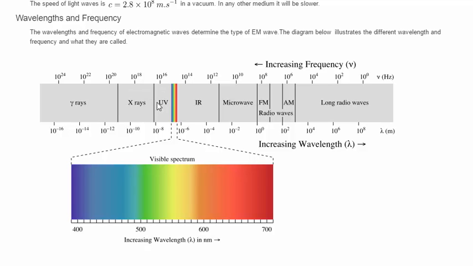But if we go in the other direction, you'll see this is very high energy, high frequency light waves. For example, UV rays are the rays from the sun that are harmful to us. X-rays are so strong that they only bounce off really thick material. That's why they use X-rays to take pictures of your bones.